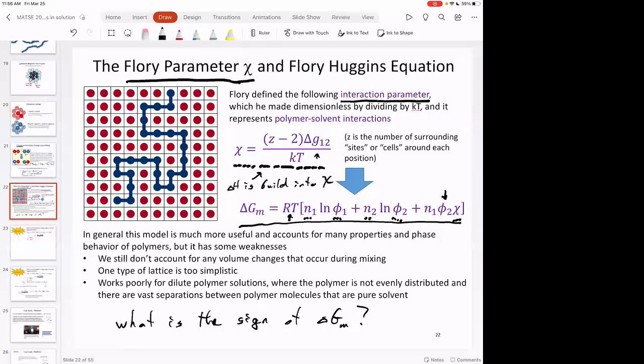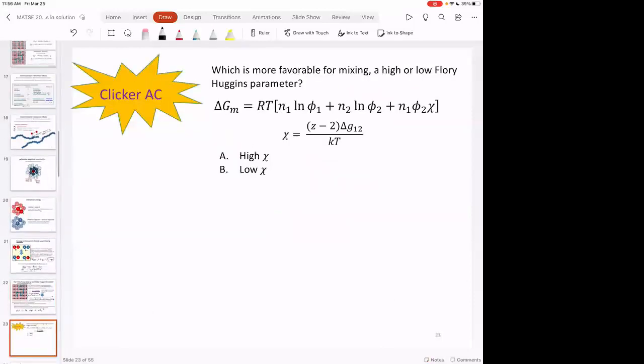Okay, so the clicker question is, which is more favorable for mixing, a high or low Flory-Huggins parameter? Remember, this is Chi right here. And so we need to look at this equation, delta G of mixing, and figure out some sort of sign for delta G. What's the sign of R?